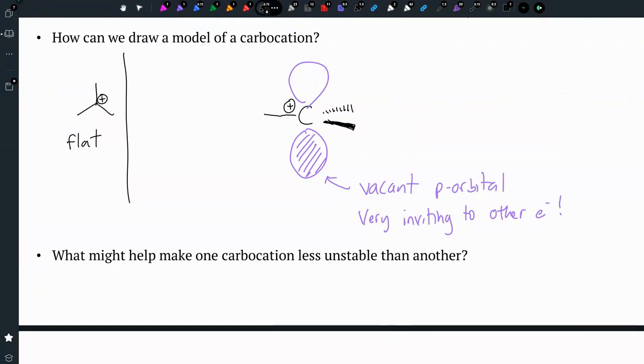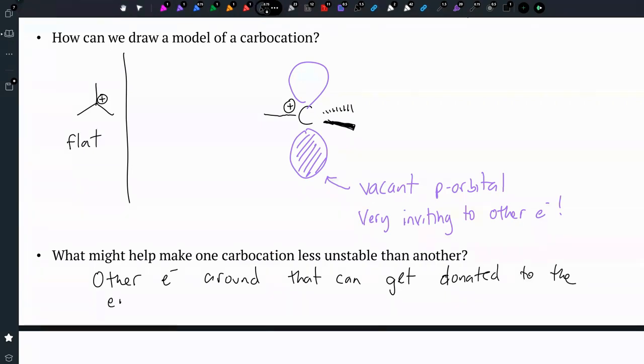So if there are other electrons around that can get donated to the empty p orbital, that's going to be a stabilizing factor for any carbocation.